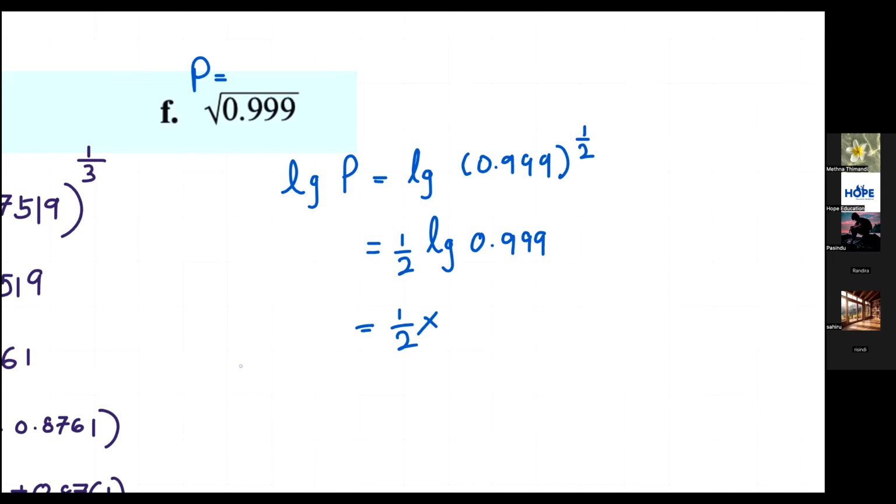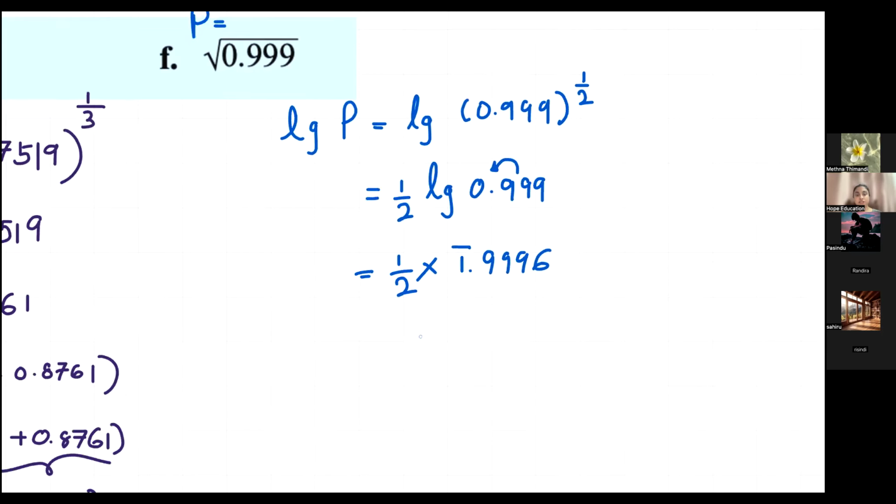Okay, Pasindu. Randira. Okay. So yes, that is 9996. So I read from the log table and you get 9996. The decimal point moves one place forward, so I put bar 1.